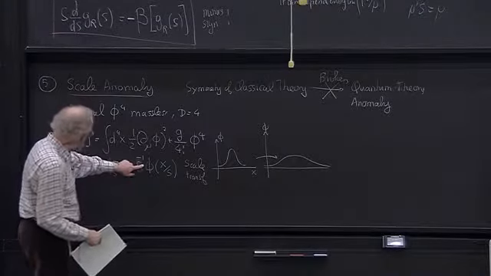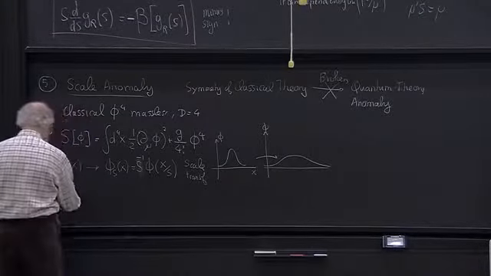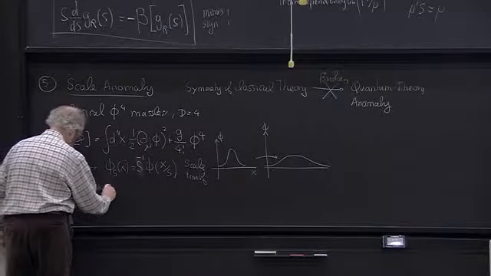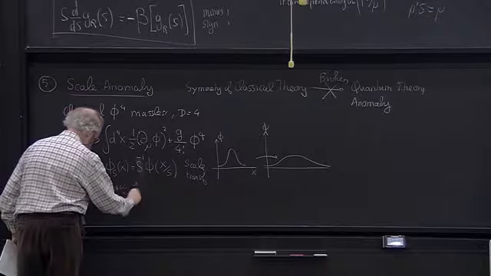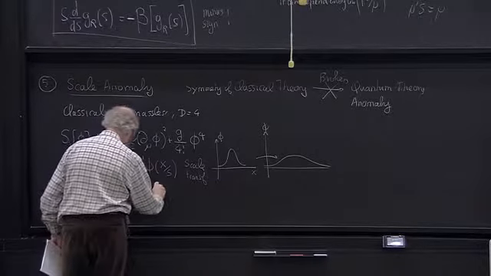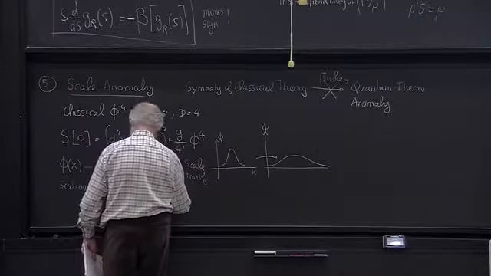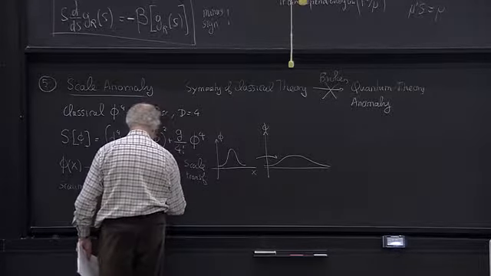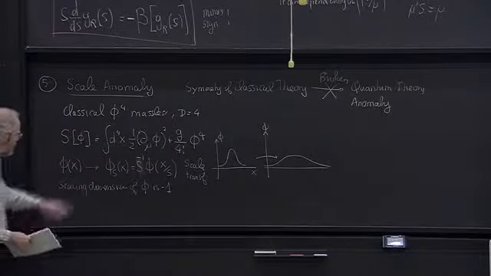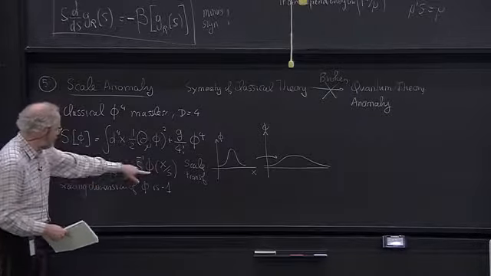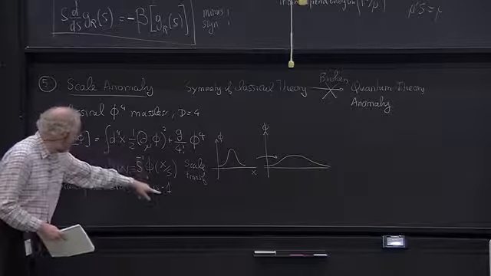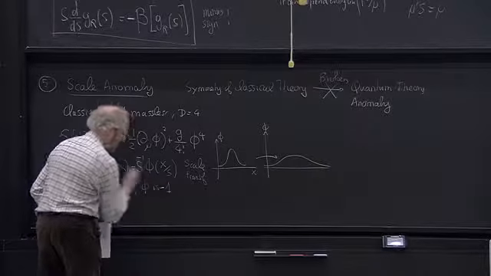And I'm doing this because the scaling dimension of the field φ is -1. So when I make a scale transformation by a factor s in momentum space, I rescale the field by a factor s^-1. Okay?